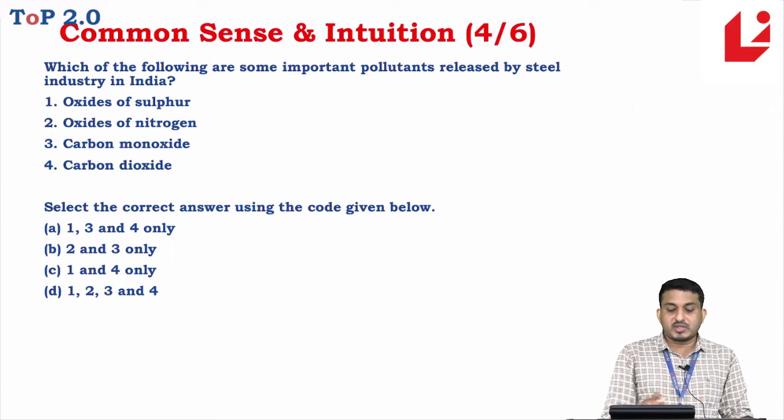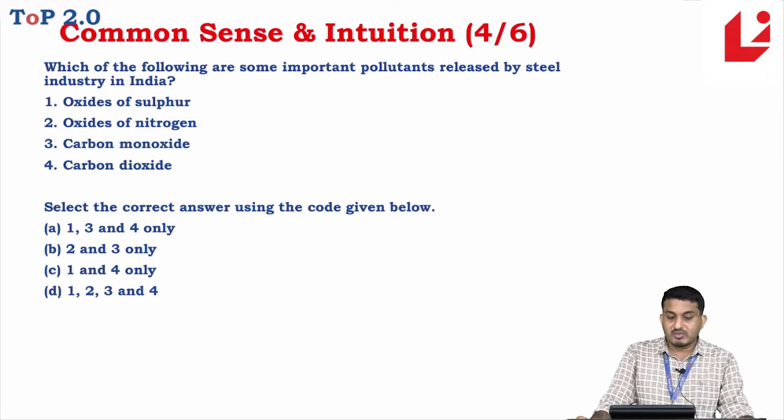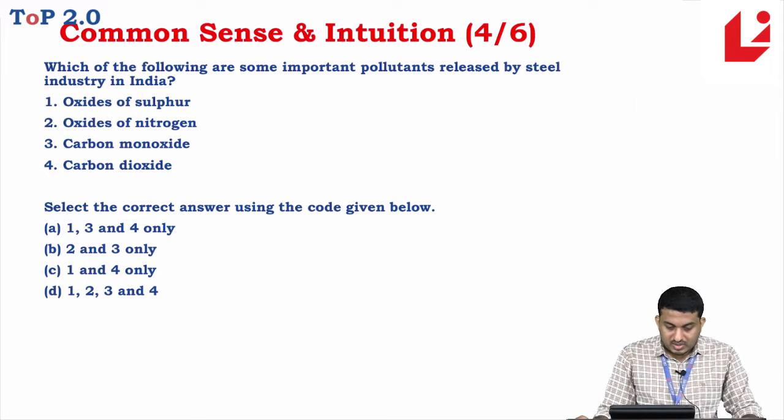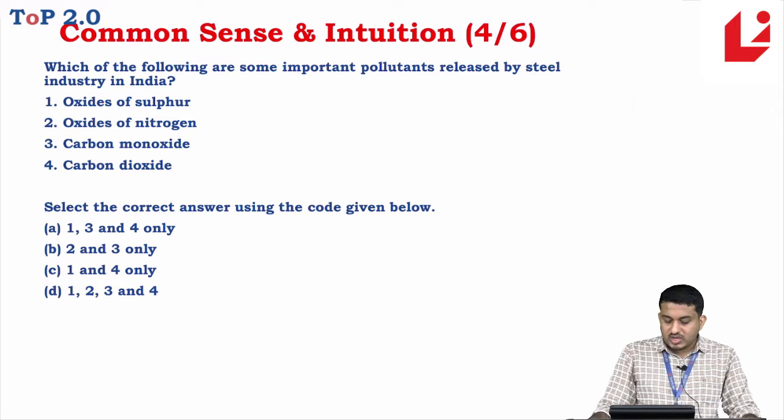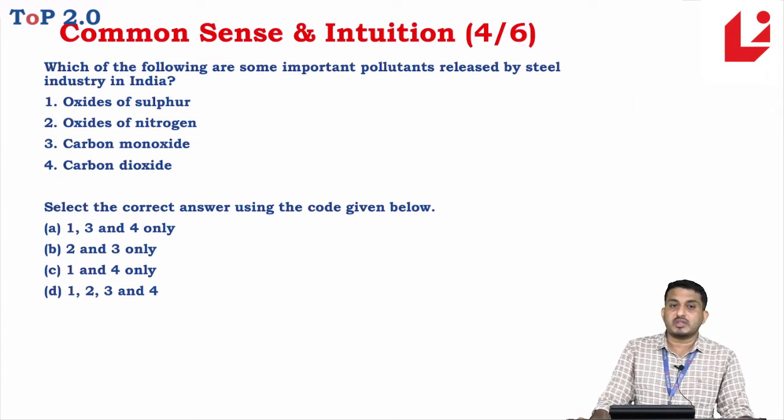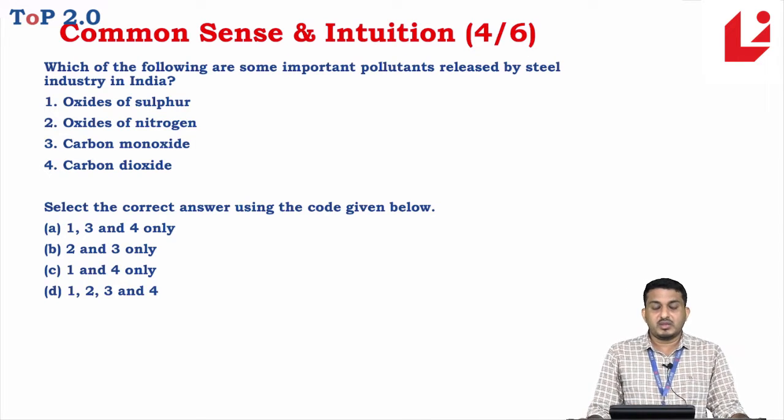So first one is oxides of sulfur, oxides of nitrogen, carbon monoxide, carbon dioxide. Here the logic is, chance of emission of a particular pollutant is more than not emitting a particular gas unless the given option is that much extreme. Getting it?